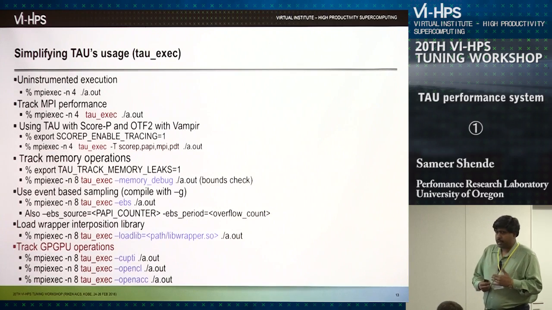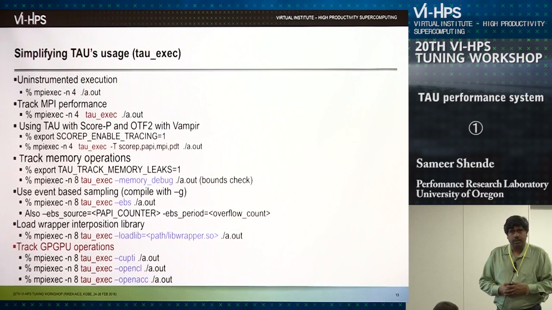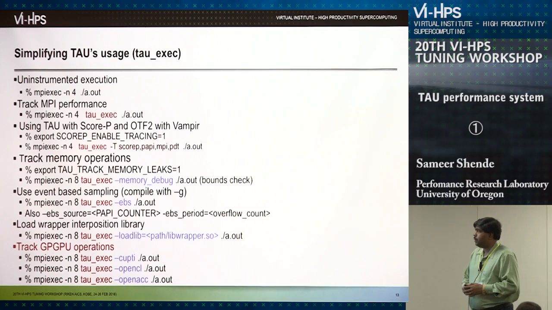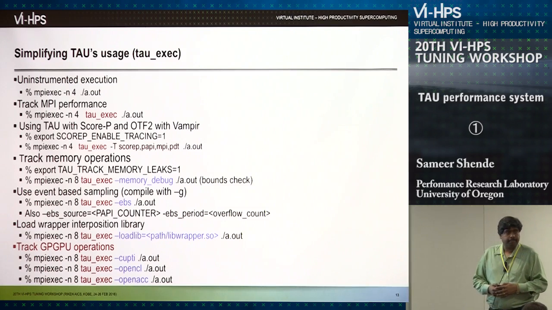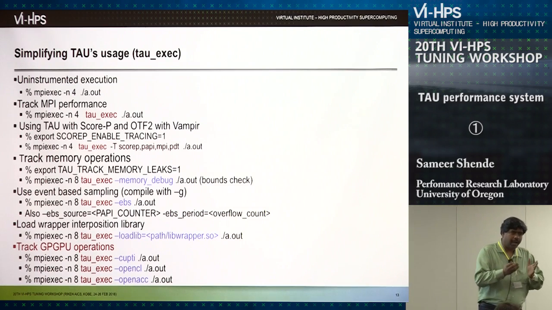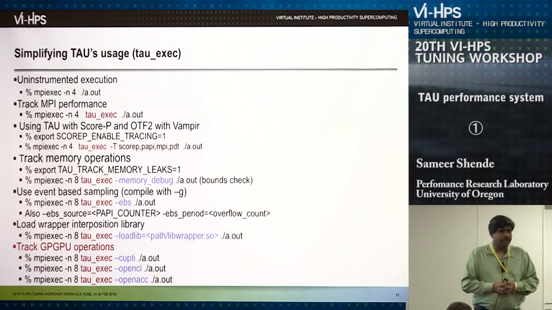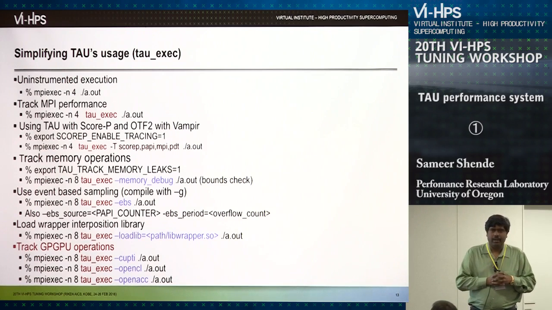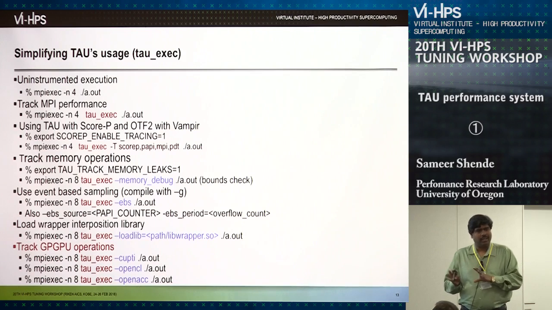But we have tried to simplify tau's usage, and one of the key tools in that is a tool called tau exec. So wouldn't it be nice if I had my binary and I could just launch it with a different tool and not change anything?